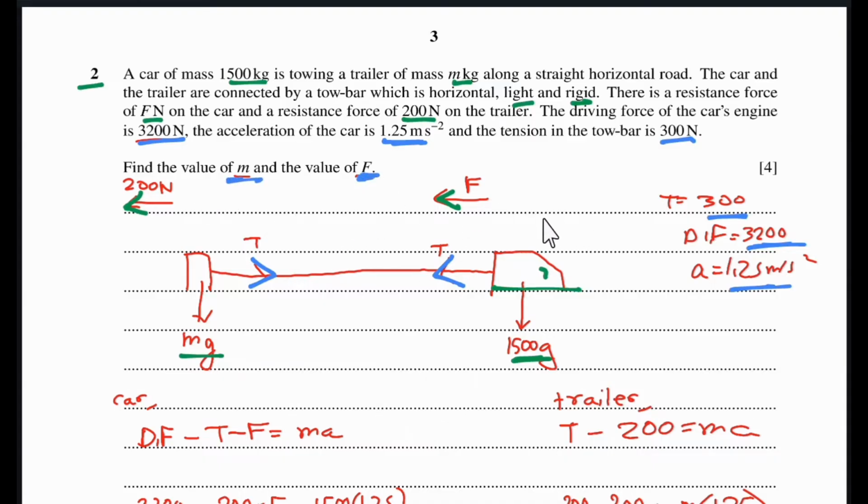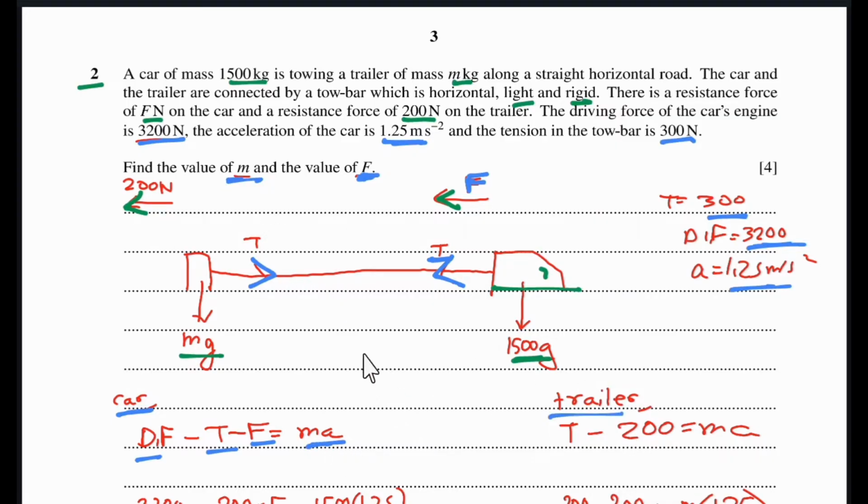We can easily calculate it by using forward force minus backward force equals mass into acceleration. For the car, the forward force is the driving force, minus the resistive force F and the tension force, equals mass into acceleration.